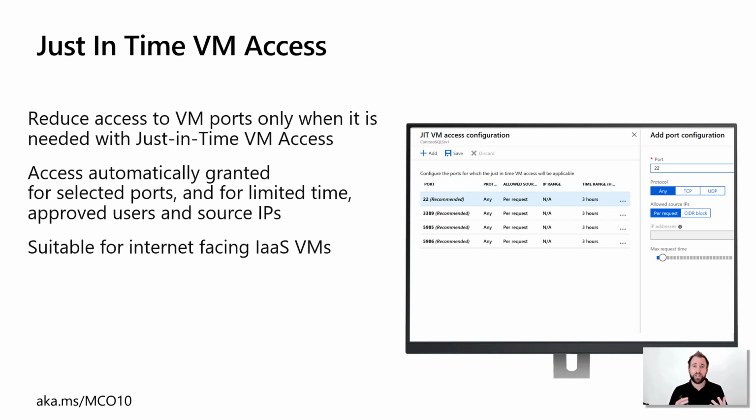So it really reduces the attack surface and only opens up ports of virtual machines when I need them, just for selected ports, for a limited time, for pre-approved IP addresses. Again, a great solution if you need to have those internet-facing VMs.